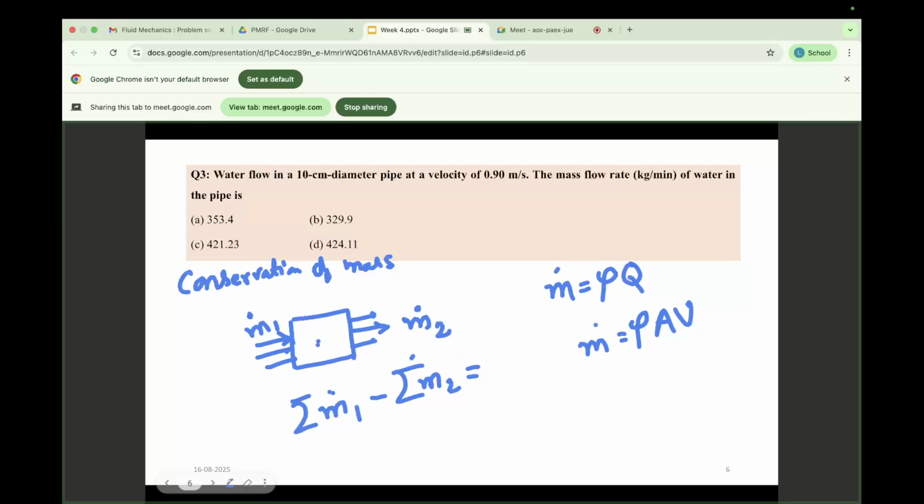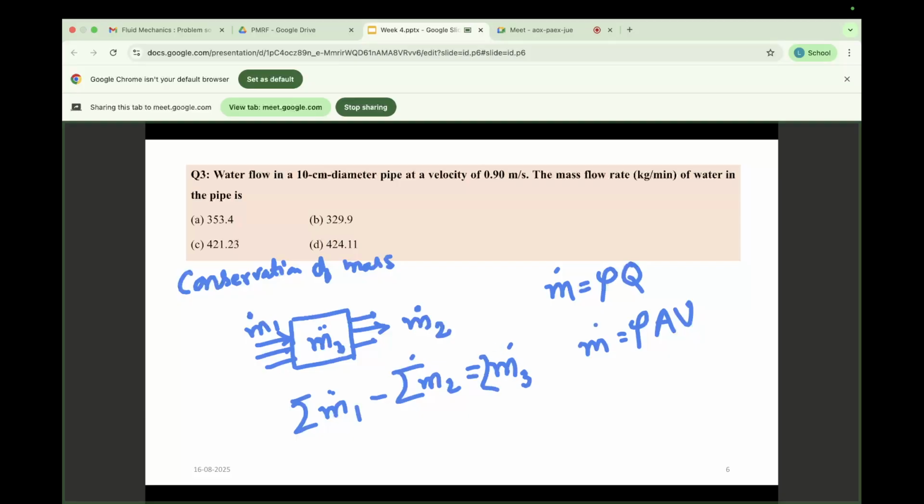But sometimes something is accumulating in the system. Say if 10 kg is entering this system and 8 kg is coming out, then 2 kg is staying in this system.